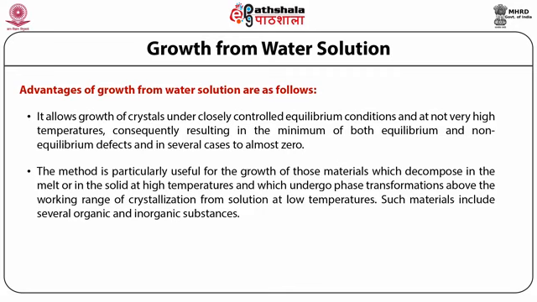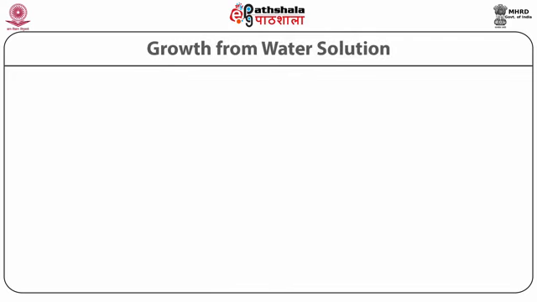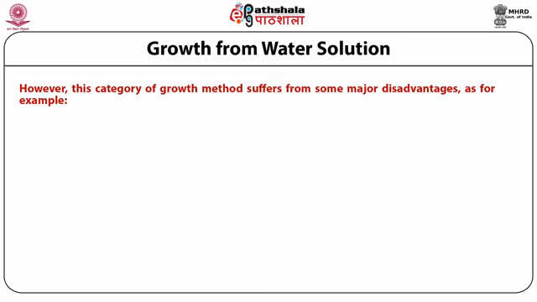Such materials include several organic and inorganic substances. Number six, different morphologies and polymorphic forms of the same substance can be obtained by variation of growth parameters or of solvent. However, this category of growth method suffers from some major disadvantages, as for example, number one, possibility of solvent inclusion.